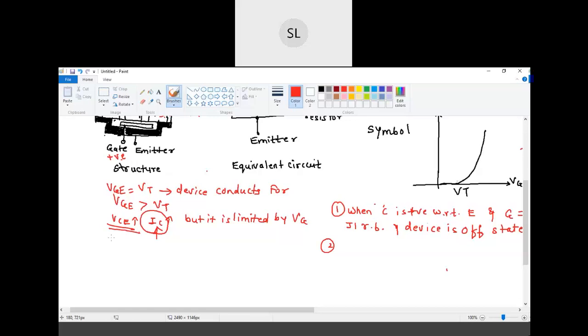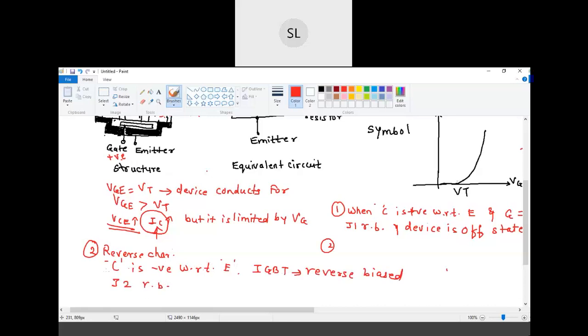Now when this IGBT is reverse biased, that is, the reverse characteristics, when this collector is negative with respect to this emitter terminal, we can say that the IGBT is in the reverse biased mode, okay, because of which junction J2 will be reverse biased, okay.